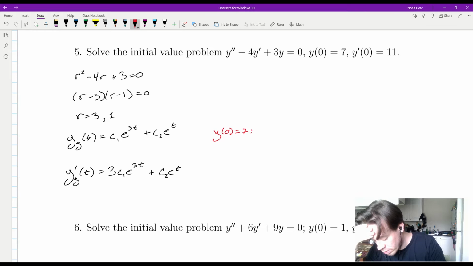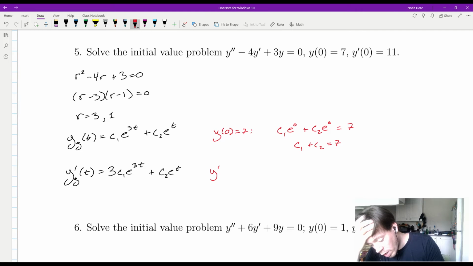When I plug that into y equals c1 e to the 3t plus c2 e to the t, I'm going to write it in the other order. I'm going to get c1 e to the 0 plus c2 e to the 0 equals 7, which simplifies down to c1 plus c2 equals 7.